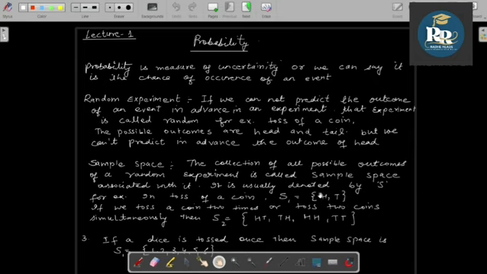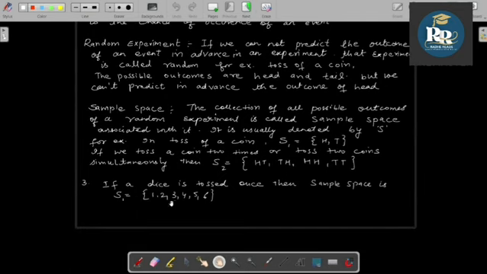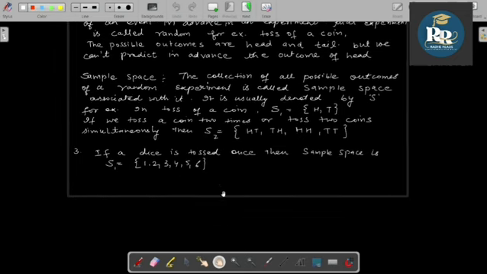Another example is toss of two coins. If I toss two coins simultaneously or toss a coin two times, that is one and the same thing, then the possible outcomes are head-head, head-tail, tail-head, tail-tail, right? If a dice is tossed, then the sample space will be 1, 2, 3, 4, 5, 6, right?